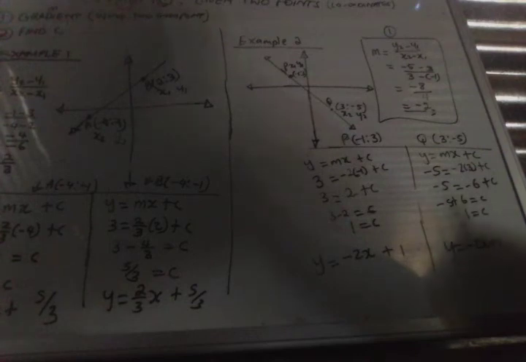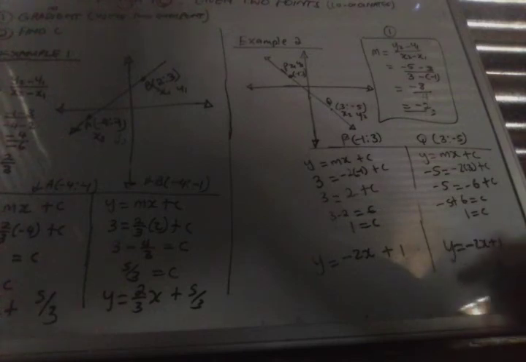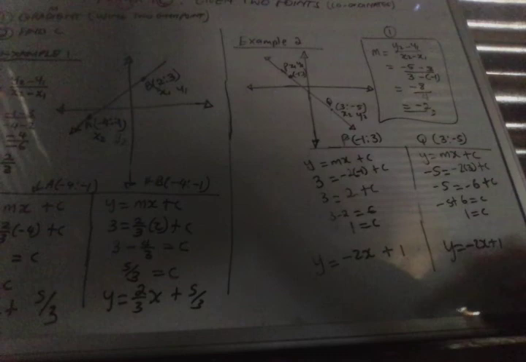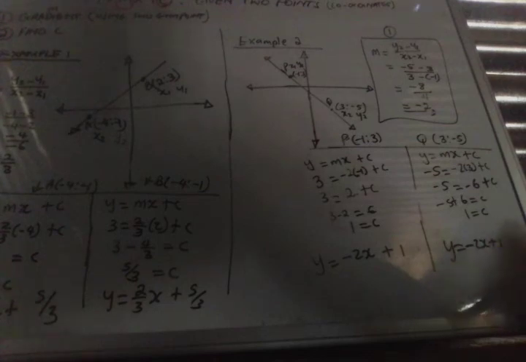After finding the gradient, you will use that gradient together with one of the points. In the examples that we did here, I used 2 points to illustrate the fact that it doesn't matter which one you use, as you would have seen that in both cases I would get the very same value of C. After getting your C, you would substitute it into the standard form, which is y equals mx plus C. For m, you would substitute the gradient you got in the first step.